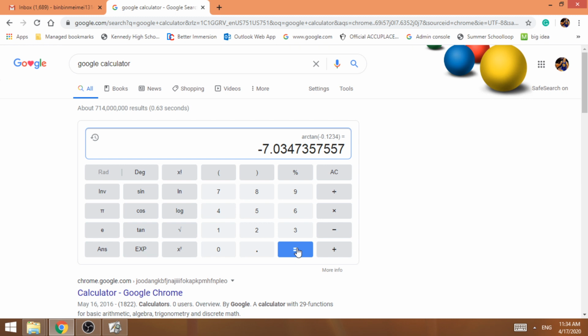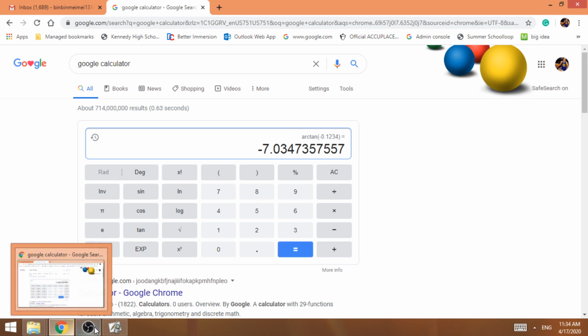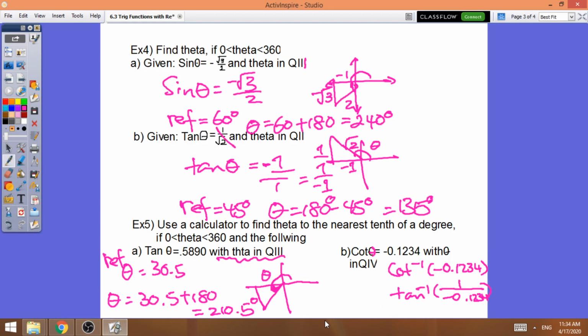So just put in negative 7. Okay, well, let me just draw the diagram also. So negative 7, that just gives you the reference angle. Now, as I said earlier, the reference angle is always positive, so you want to take the absolute value of that negative 7. So we got 7 here.